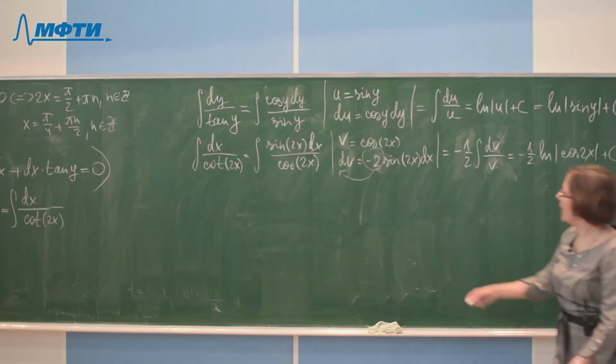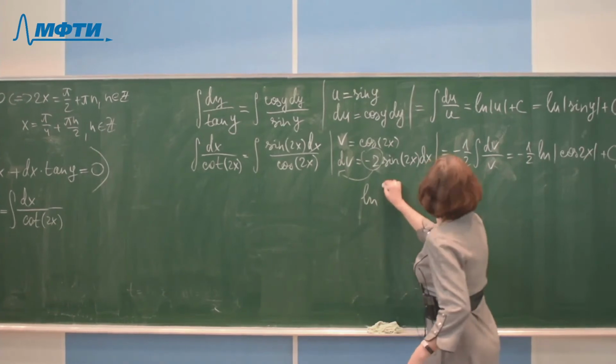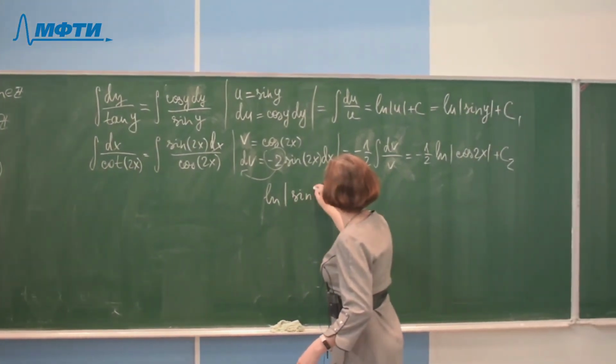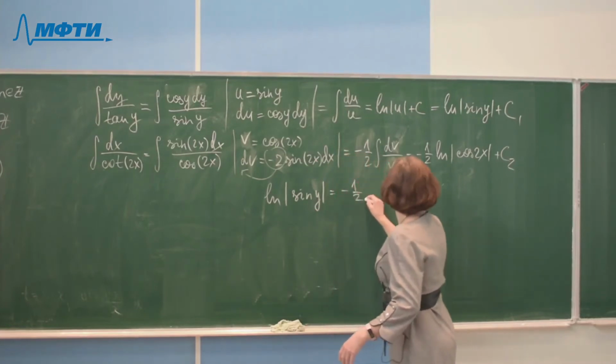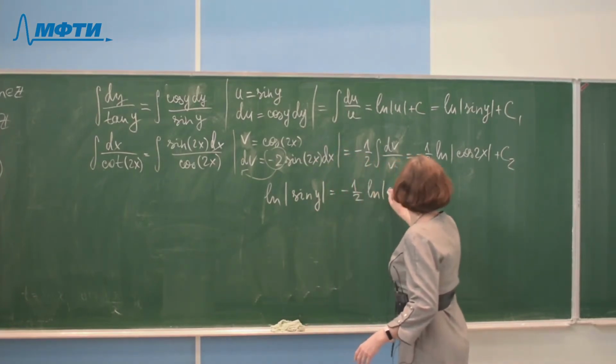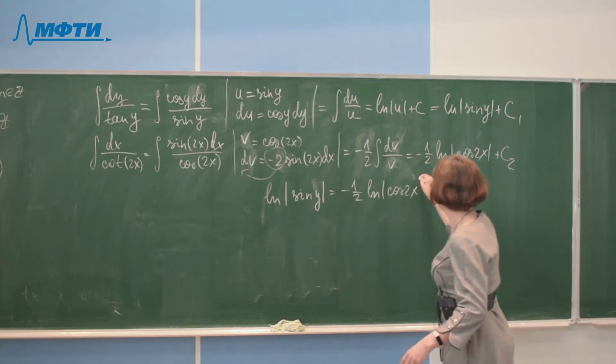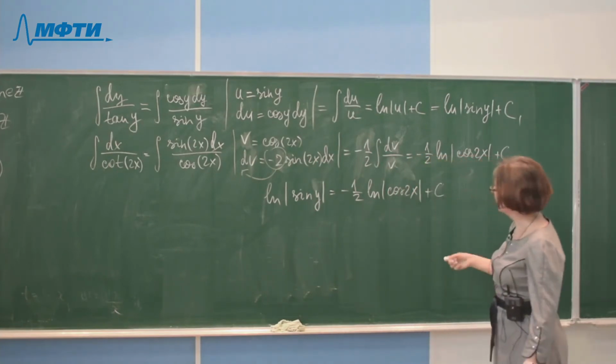Okay, so ln the absolute value of sine y equals minus 1/2 ln absolute value of cos 2x plus c.